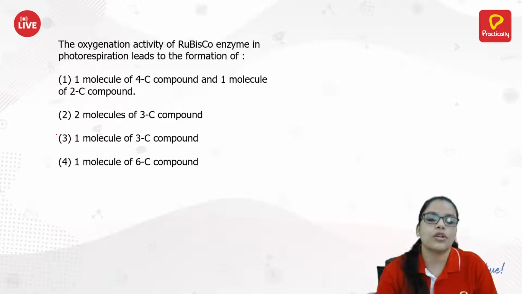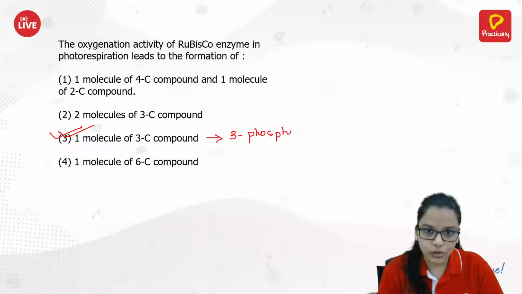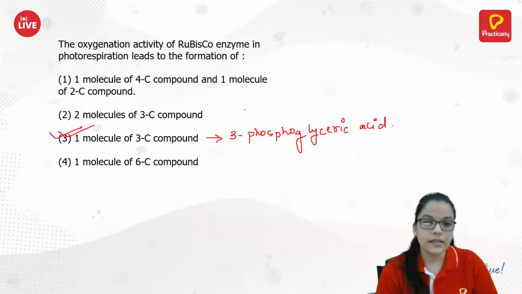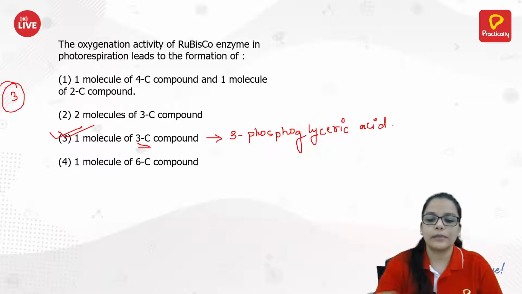The answer is 1 molecule of 3 carbon compound, which is 3 phosphoglyceric acid. There is another 2 carbon compound also, but mainly a 3 carbon compound is produced. So the answer is 3.